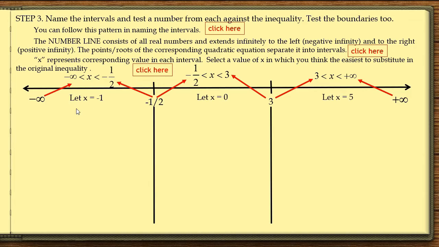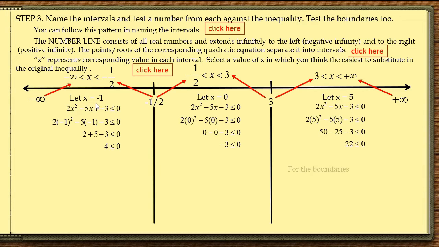In this interval, I will choose -1. Since it is less than -1/2, I can use -1, and it will be also easy for me to solve for the equation or for the inequality by substituting -1 in the value of x.